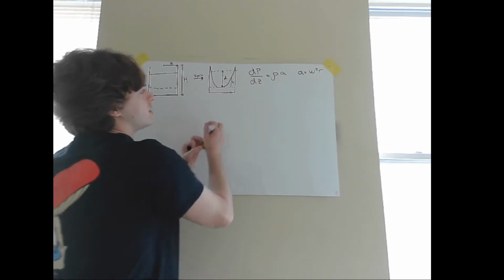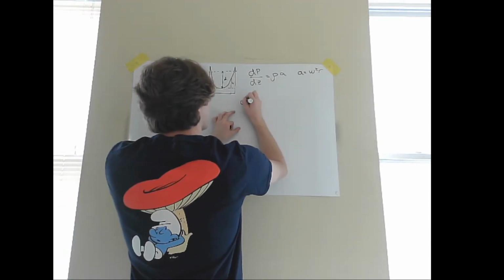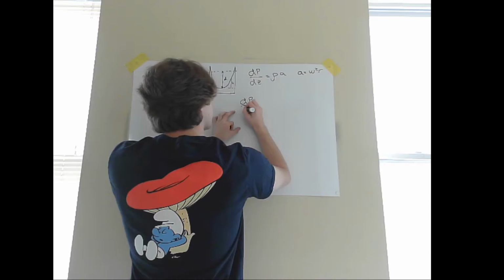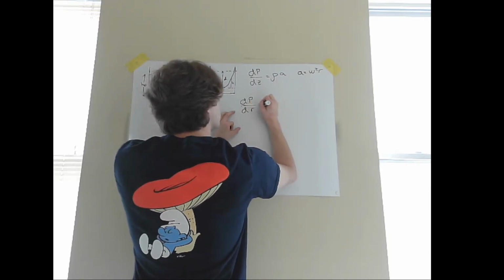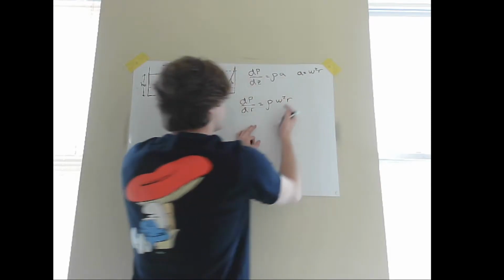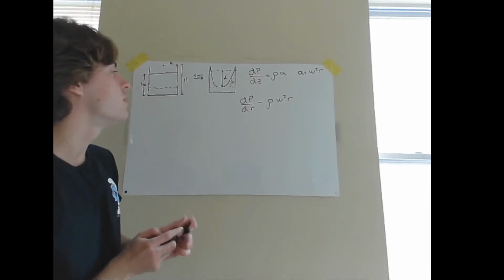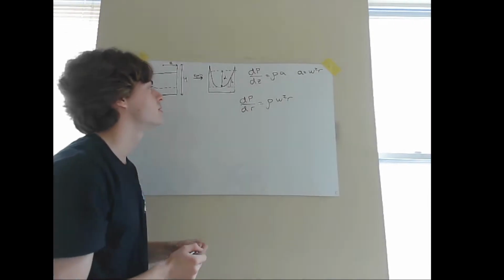So instead of changing with respect to Z, it'll be with respect to R. So our new fluid statics equation for this specific problem is: the change in pressure with respect to the change in radius equals rho omega squared times R.